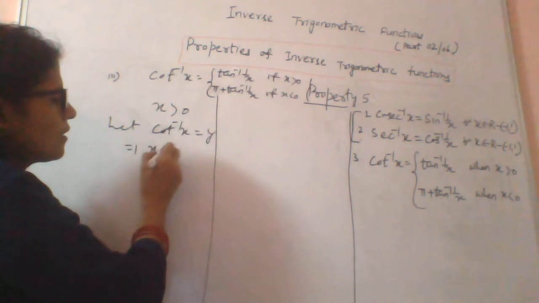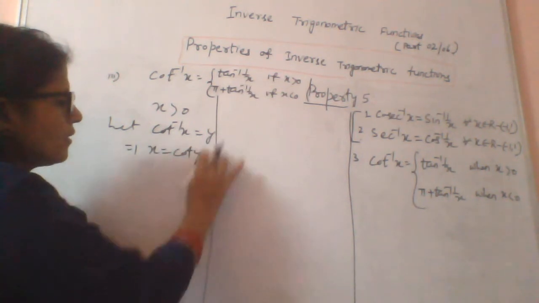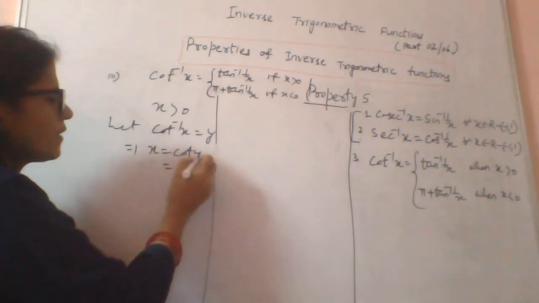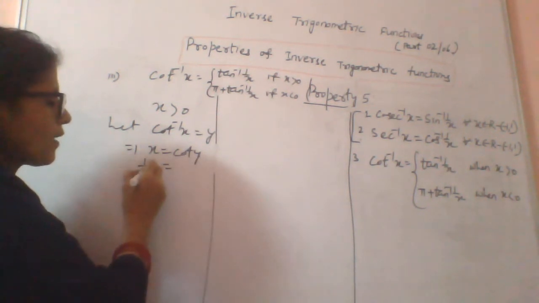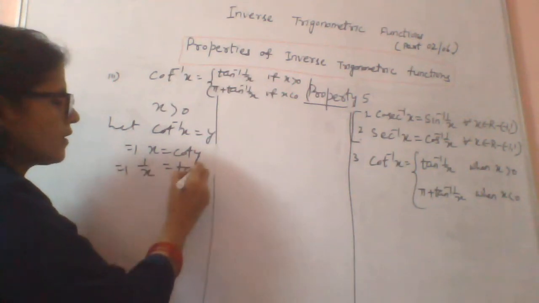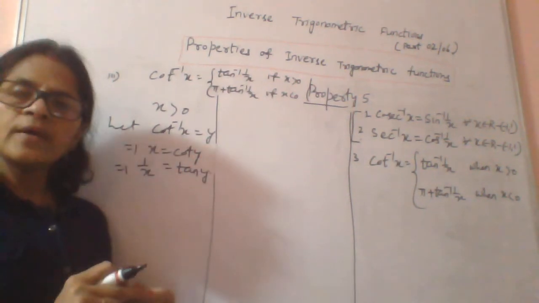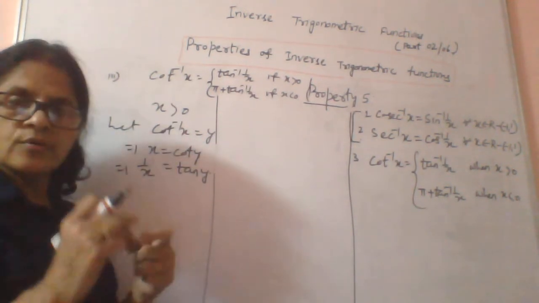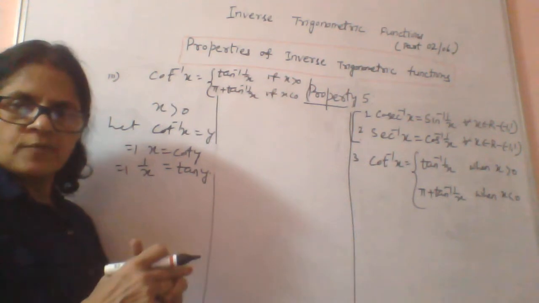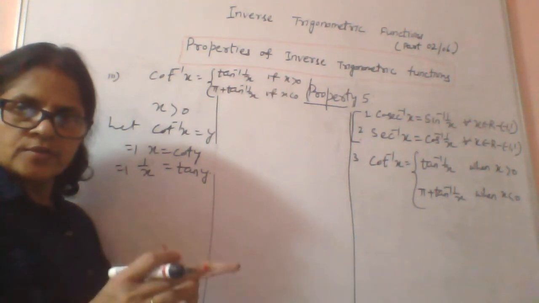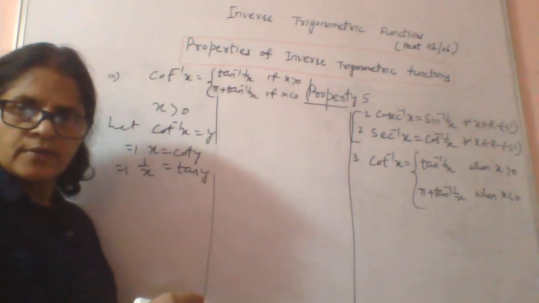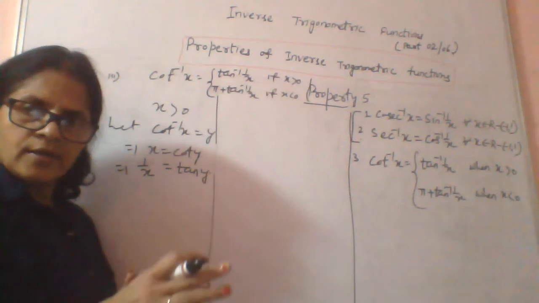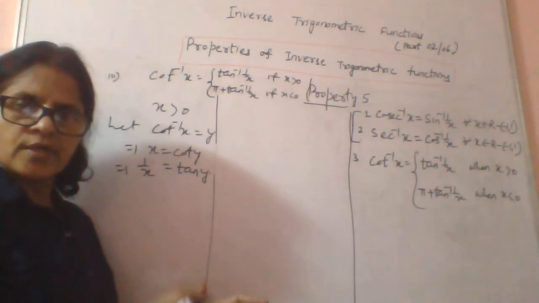It means x equal to cot y, that is equal to 1 by tan y. So 1 by x equal to tan y. Okay, so here while we are given x greater than 0, if you look at the principal value branch of cot inverse, it is the open interval 0 pi. Open interval 0 pi means the angle is either in first quadrant or in second quadrant.